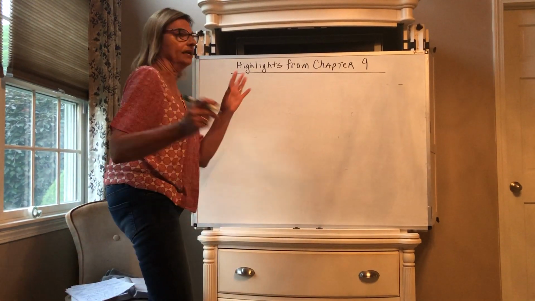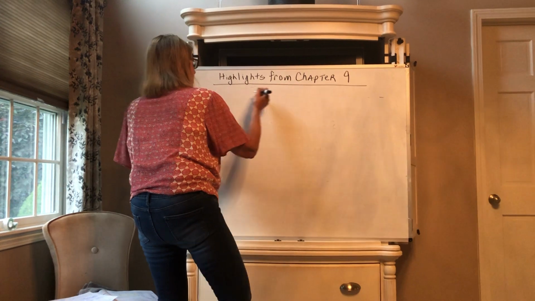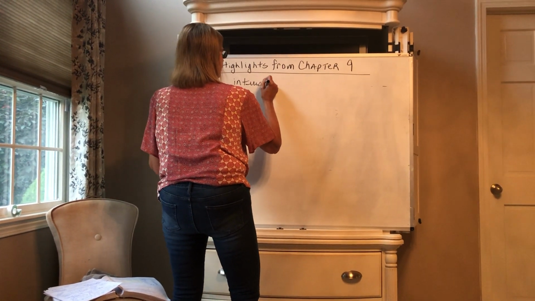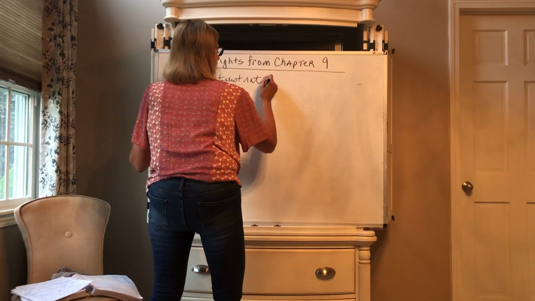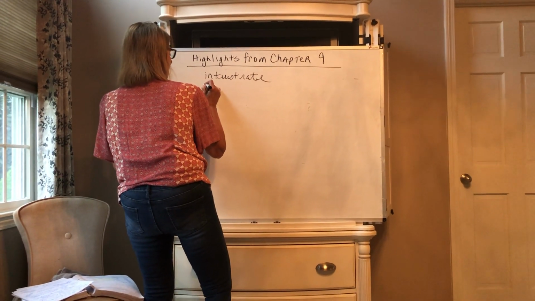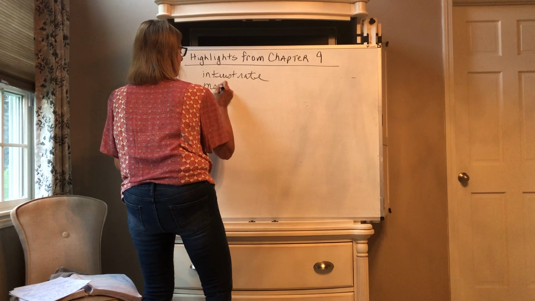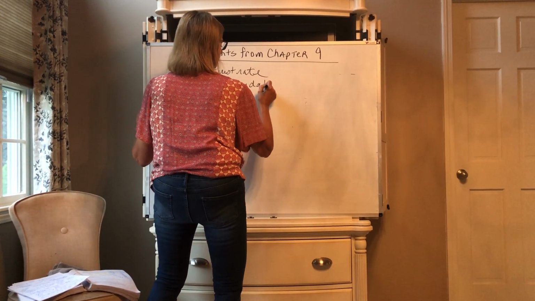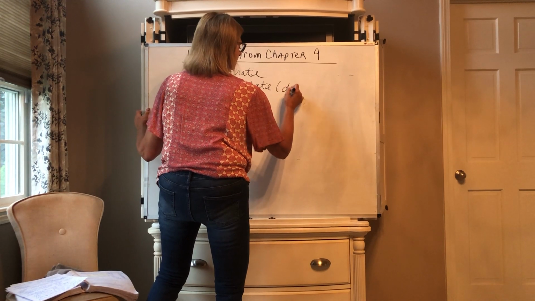I'm going to start writing a little bit, okay? You need to know the interest rate, and that'll be stated in the problem. You need to know when it matures, when it's due, which is called the maturity date. Also due date.